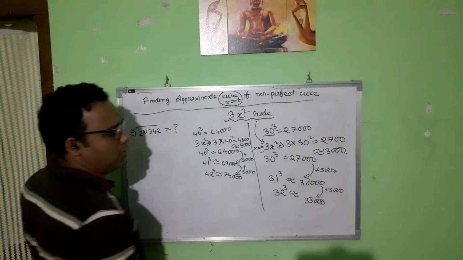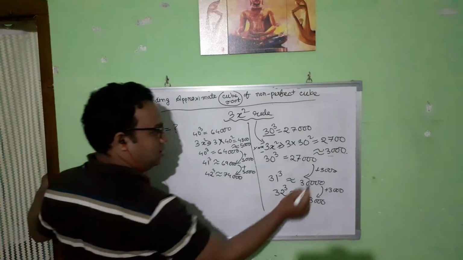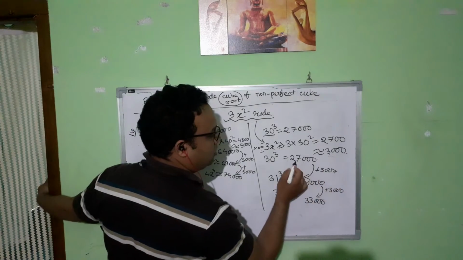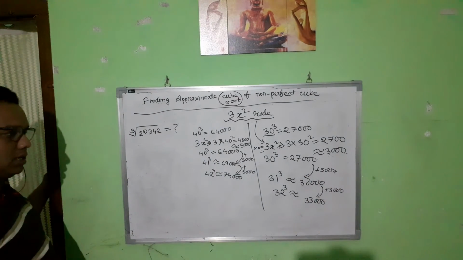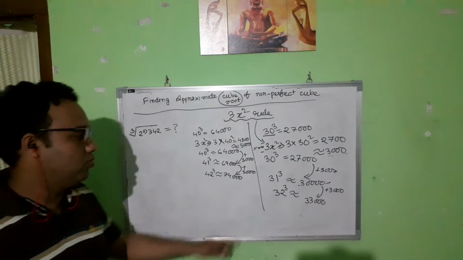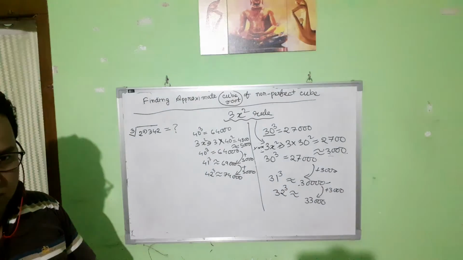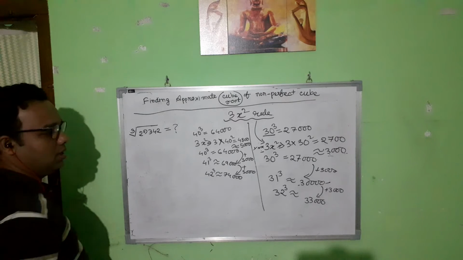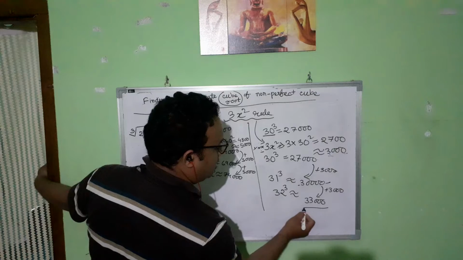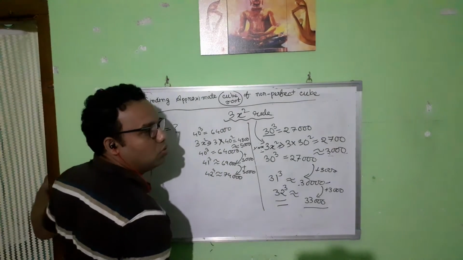As you can see, 30 cube is equal to 27,000, and if I add this 3000 that I have calculated from 3x square, then I will get 30,000. And if you try to find the cube of 31, that number is very close to 30,000. And the same will be the case if I add 3000 with 30,000, then I will get 33,000, which will be really close to the cube of 32.